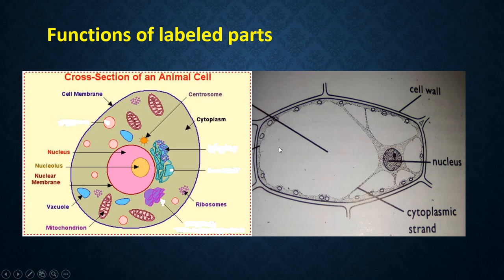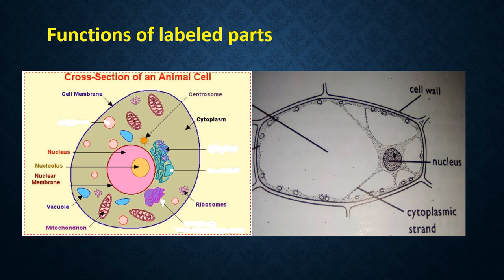Please call this the cytoplasm. Here they say cytoplasmic strand, but this is the cytoplasm, this liquid part of it. The cytoplasm here and there gives the cell its shape.